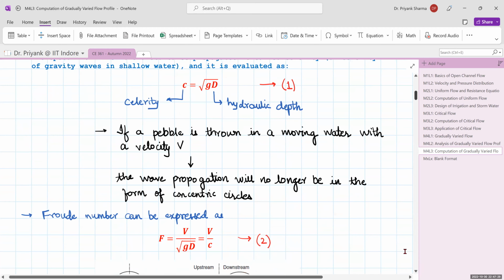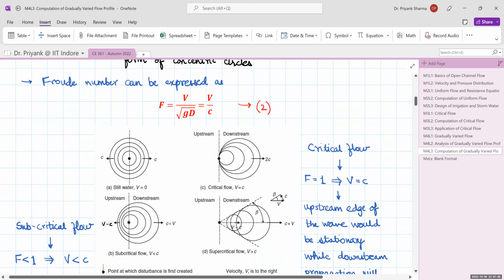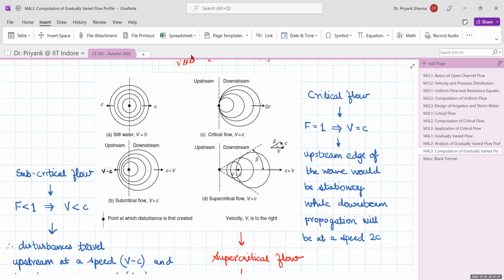The Froude number can be expressed as F is equal to V upon under root GD, but under root GD is nothing but C. So F is equal to V upon C. Froude number is a ratio of the velocity of flow to the celerity, which we have discussed earlier also. In case of still water, the velocity is zero, so it propagates in concentric circles in both directions equally.